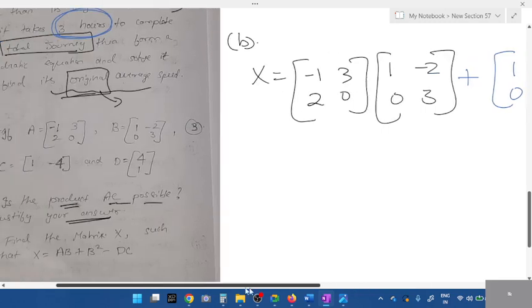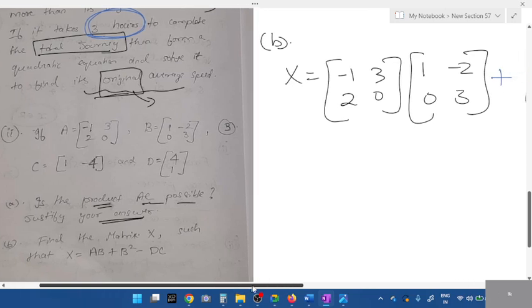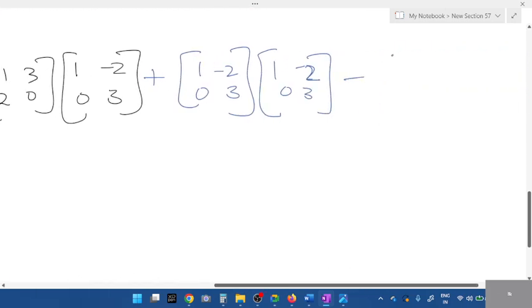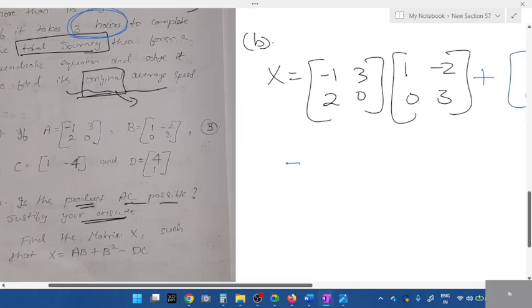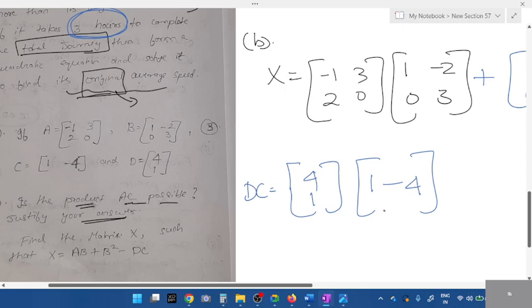I want all of you to practice this question later if you haven't attempted. This is actually 4 marks, minus D into C. D into C is 4 by 1 into 1 minus 4. Look here: how many columns does D have? Only 1 column.